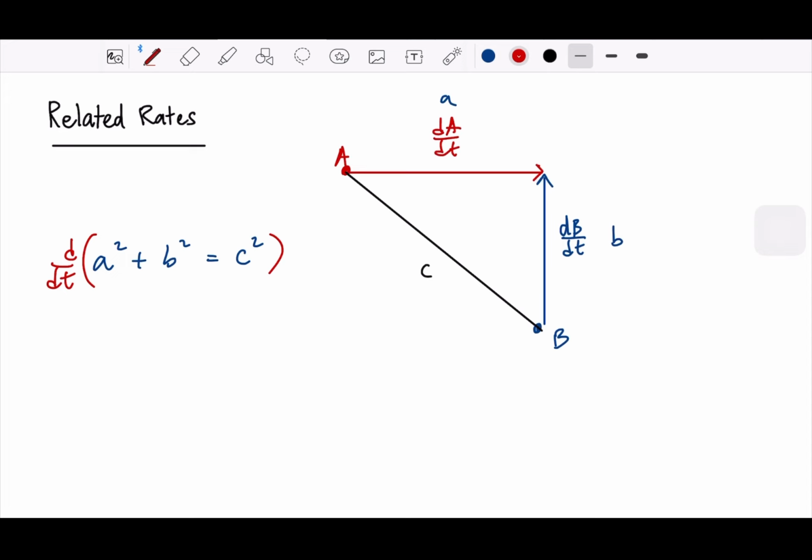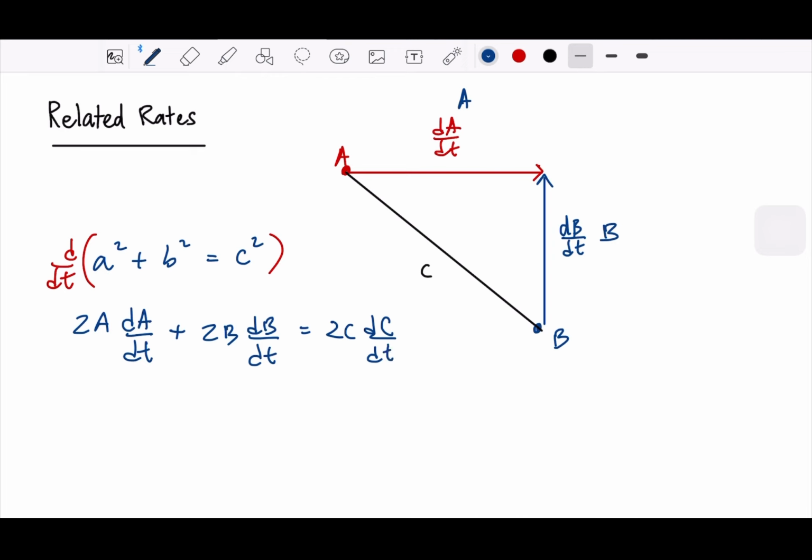So perhaps this is going to be 2a dA over dt, and then plus 2b dB over dt, and then 2c dC over dt.